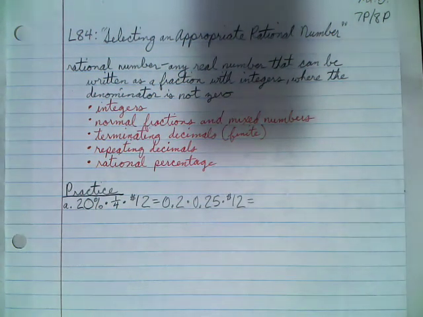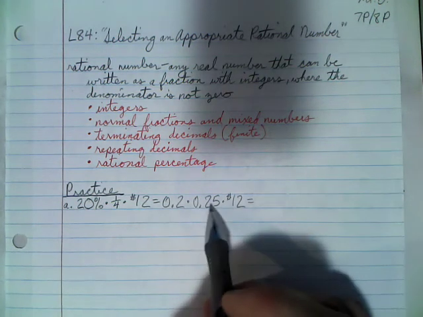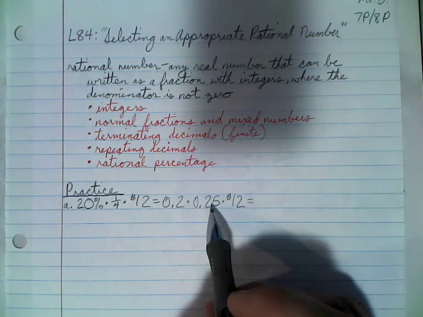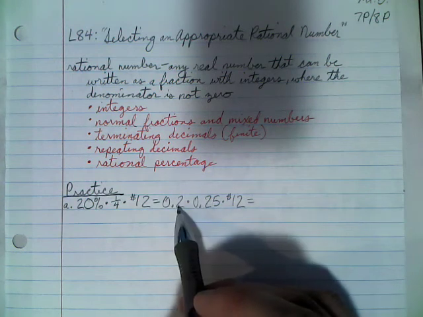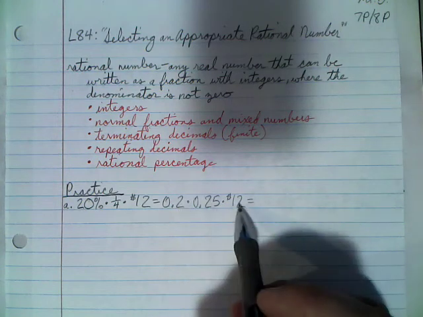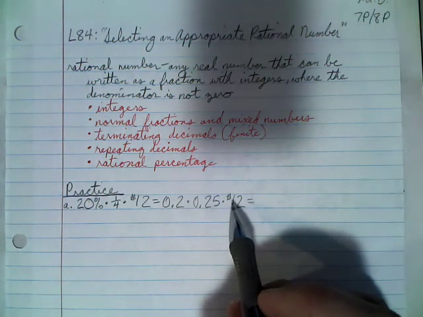Remember that when we multiply by decimals, we ignore the decimal until the end. We're going to treat this like whole numbers. I especially like the 25. It makes me think of quarters. So one way that we could do this is we could take 25 and multiply it by the 2, so that would give me 50. And then take 50 and multiply it by 12. So 5 times 12 is 60.